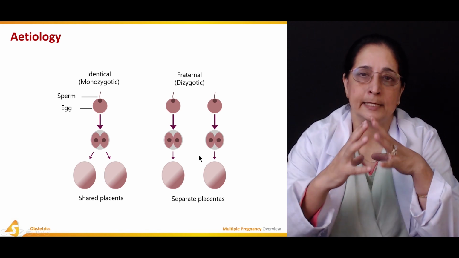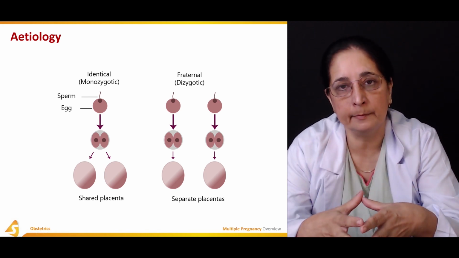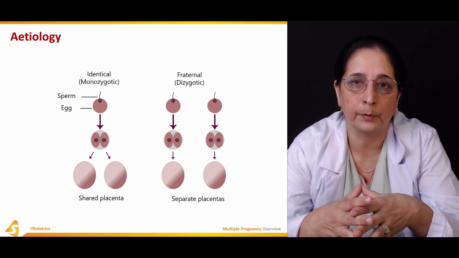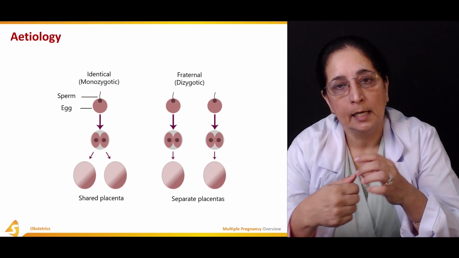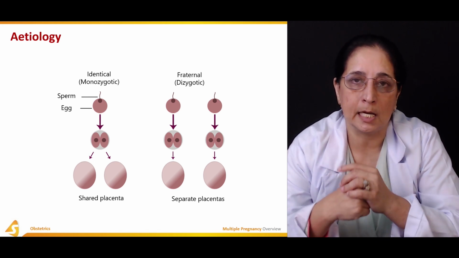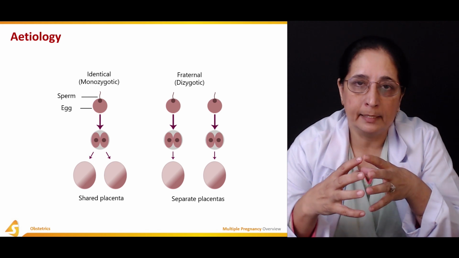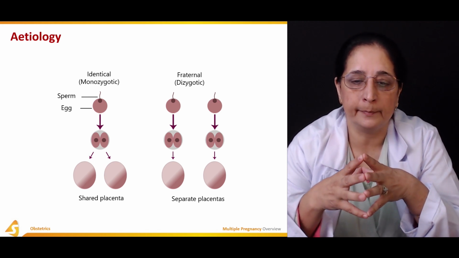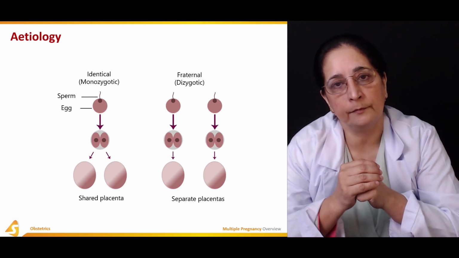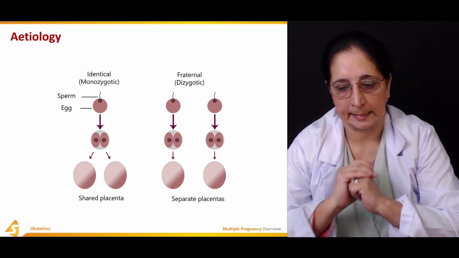So this is identical twin from the same zygote, one zygote fertilized by one sperm. But in the other case, it's dizygotic. Two eggs are fertilized by two sperms, and the multiple pregnancies that are formed have separate placentas.